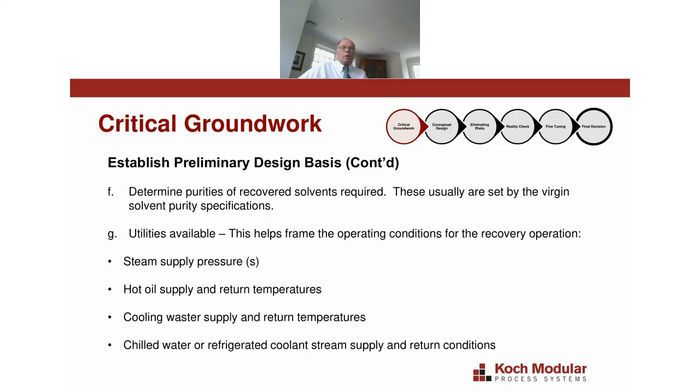So typically, the utilities that clients will provide us are steam to heat a reboiler, for example, or hot oil. So we'll need to know the steam supply pressure. We'll need to know the hot oil supply and return temperature and the type of hot oil that you have.